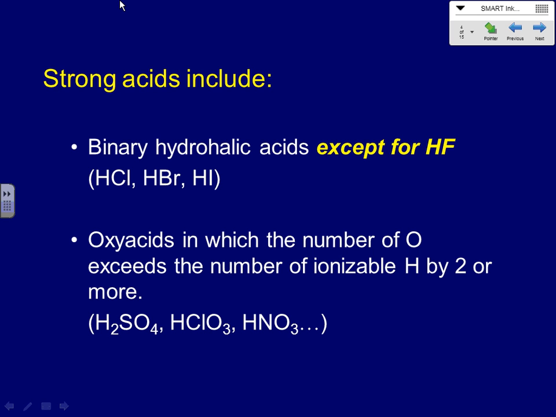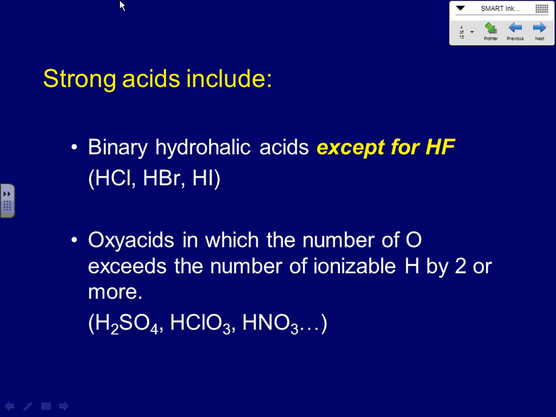I am going to expect you to know this, but like I said, in another day or two, I'm going to give you a chart that has the constants for these equilibrium reactions, and many of these are on there, and you'll notice that their K is big. So I'm telling you, I need you to memorize which acids are strong, but in the end, when I give you that table, you'll actually be able to see which ones are strong by looking at what we call the acid constant, right? The K for this equilibrium.